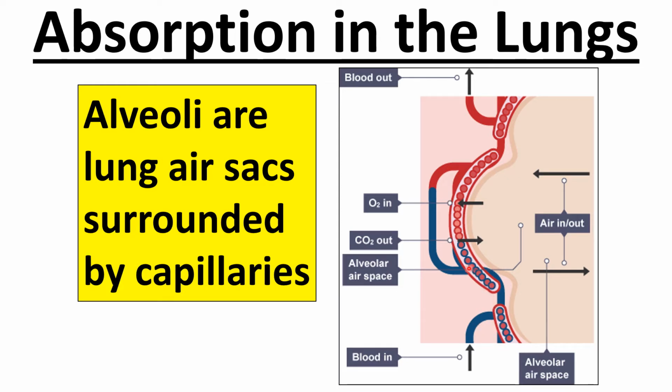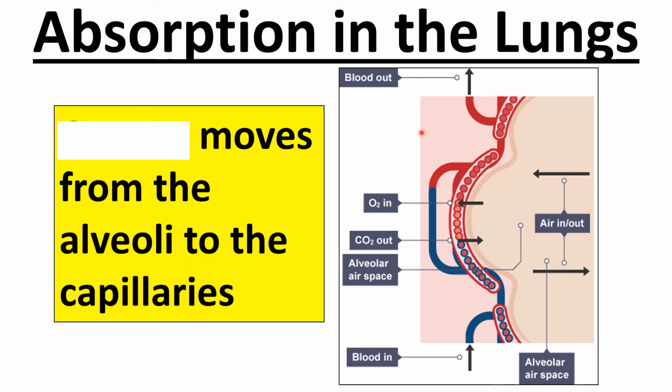You might remember that capillaries are the smallest types of blood vessels. So you've got air going from the air around you into the alveoli and then into the blood. But you've also got a gas, carbon dioxide, going back out into the alveoli to be breathed out, and blood is moving up here.